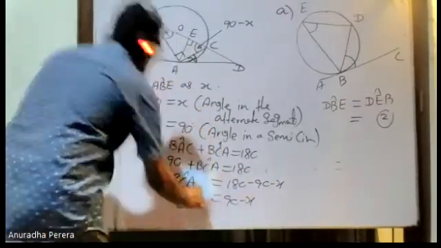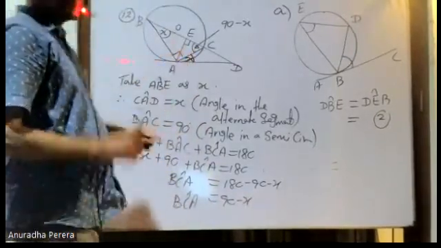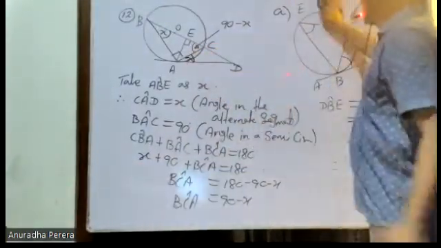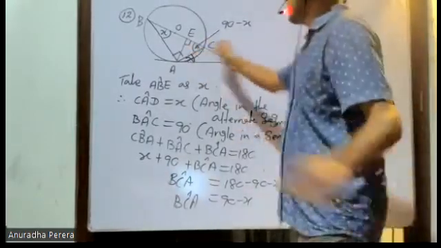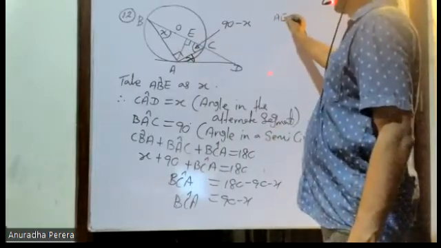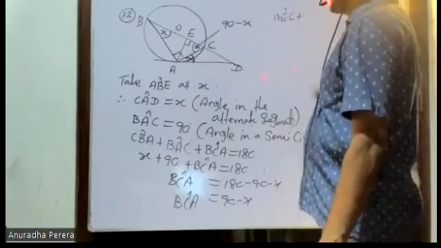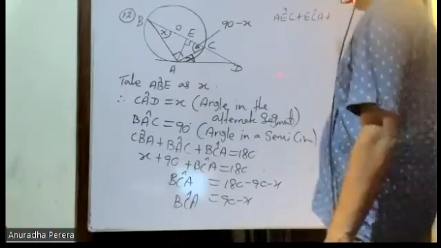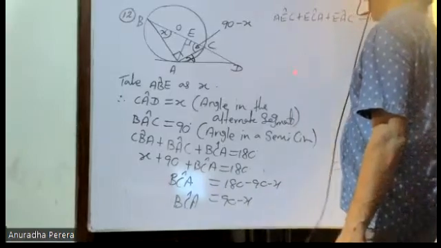Right, now we found this as 90 minus x. What can you say about this one? X. If this is 90 minus x, then this is x. We can take in this triangle AEC plus ECA plus EAC equals 180.